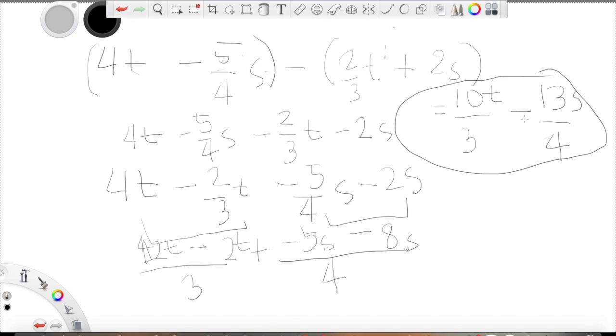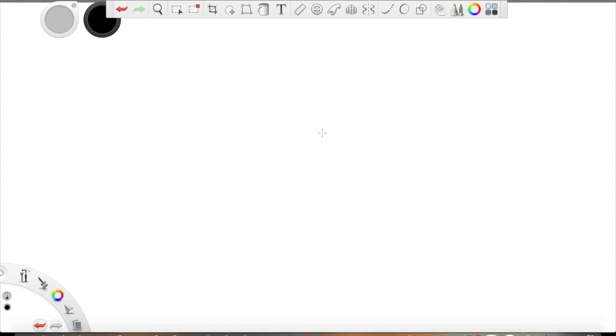I have another example here, so let's move on. This example involves two variables in one term: 2mn minus 5m plus 3mn plus n.